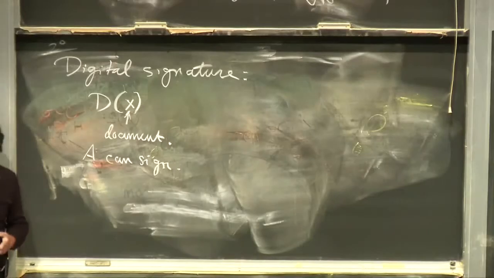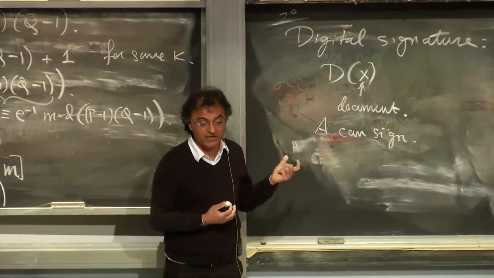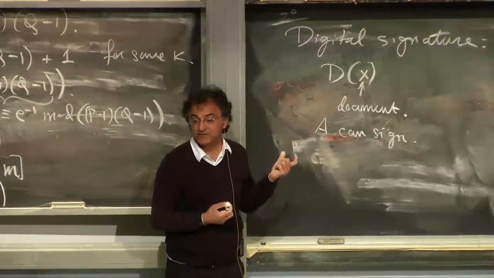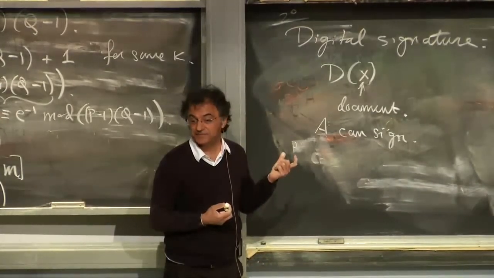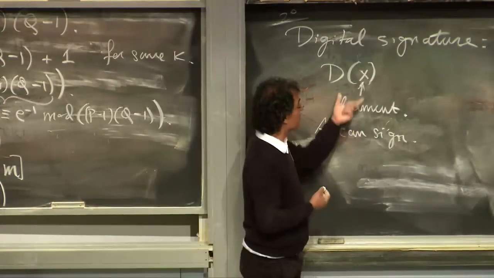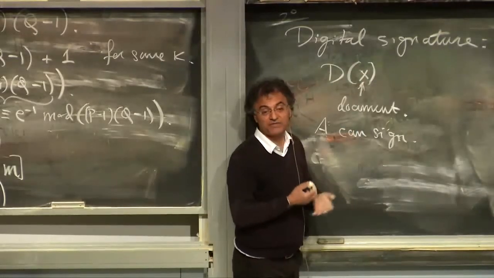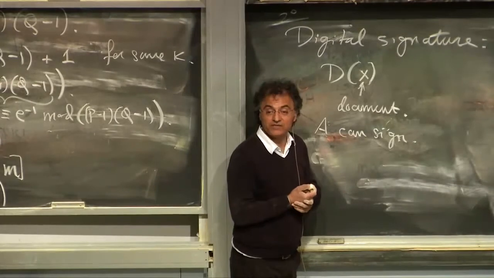But now anybody else can verify that this is a signed document. How would they verify that this is a signed document? Suppose that I claim that this is a signed document that Alice happened to sign. How would you actually verify it?